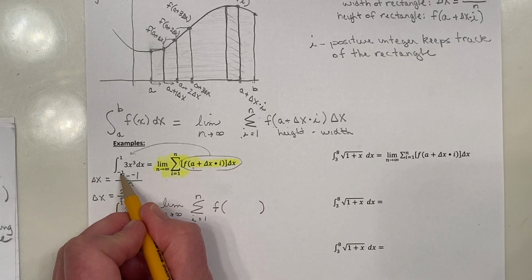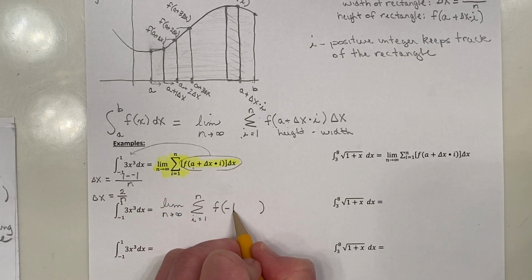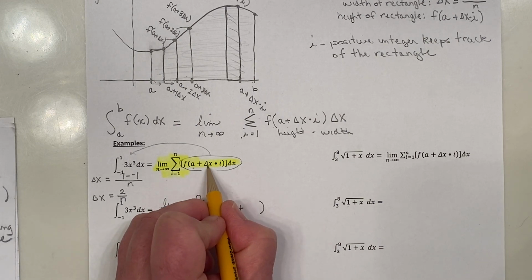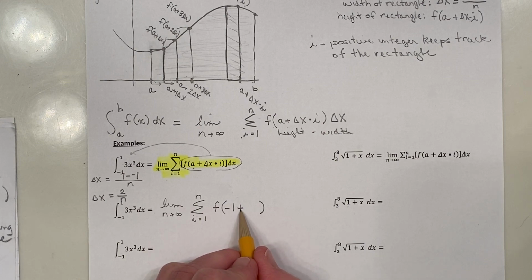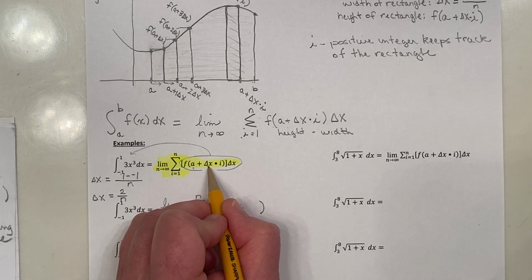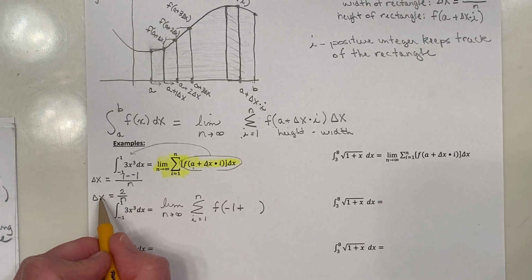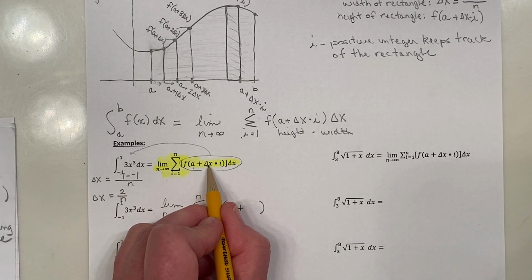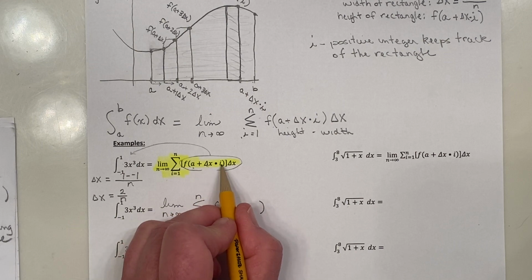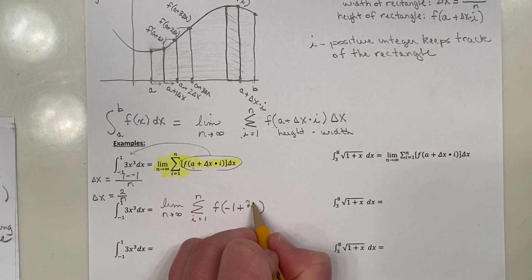Well, a is our lower limit, so we'll put -1 plus, go back to your formula. Okay, if I'm starting at x equals -1 along the x-axis, I'm going to increase the x values by delta x times i. Well, I know what delta x is. It's 2 over n. So if you replace 2 over n here and multiply it by i, you're going to get 2i over n.